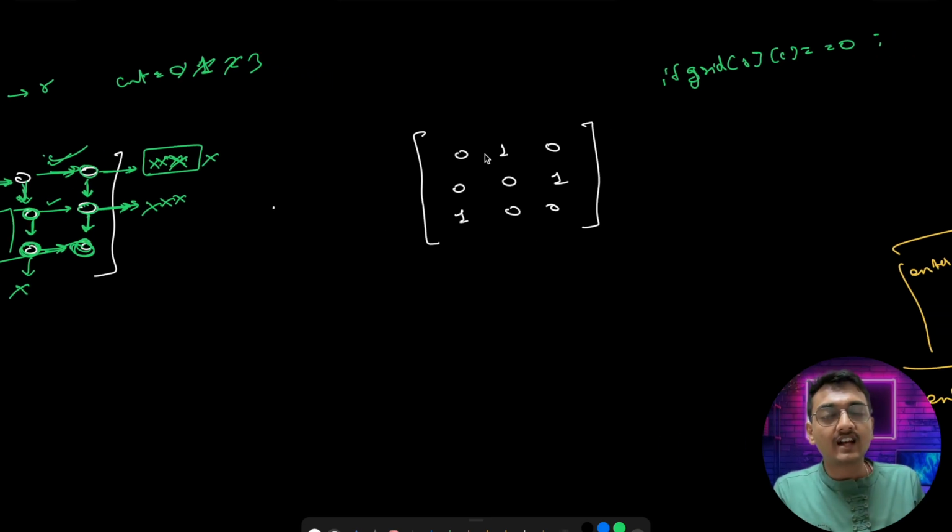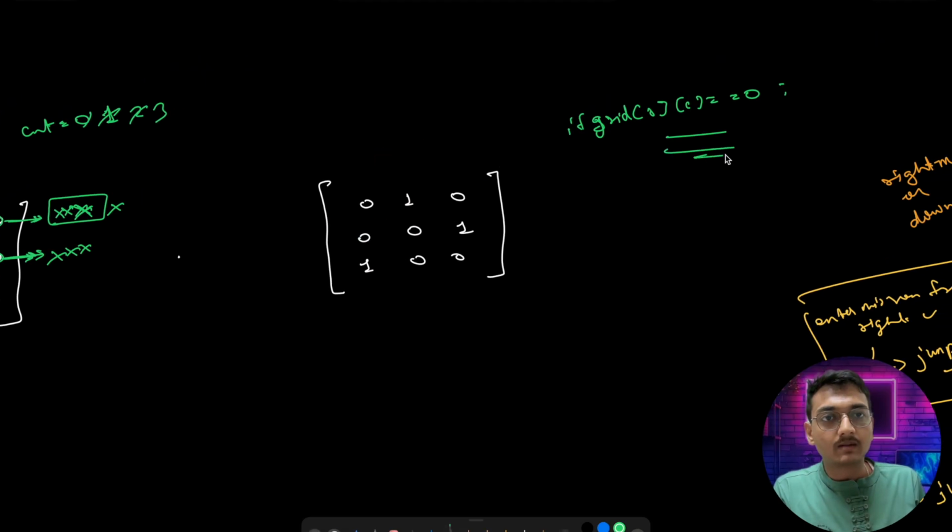That special thing is, I need to just track whether I'm coming from right or I'm coming from down. So in this case, my approach will be simple. Simple code.